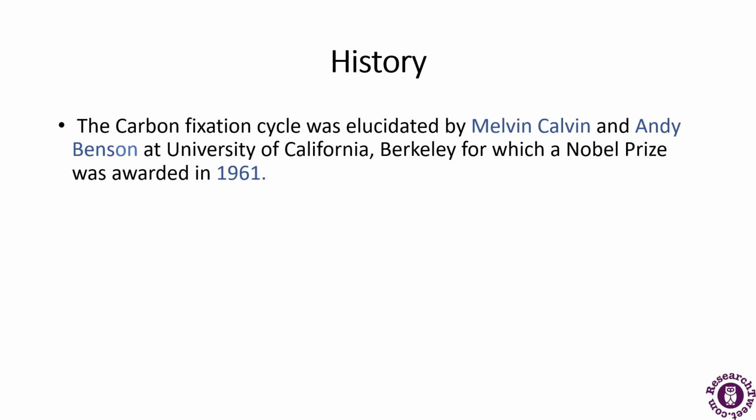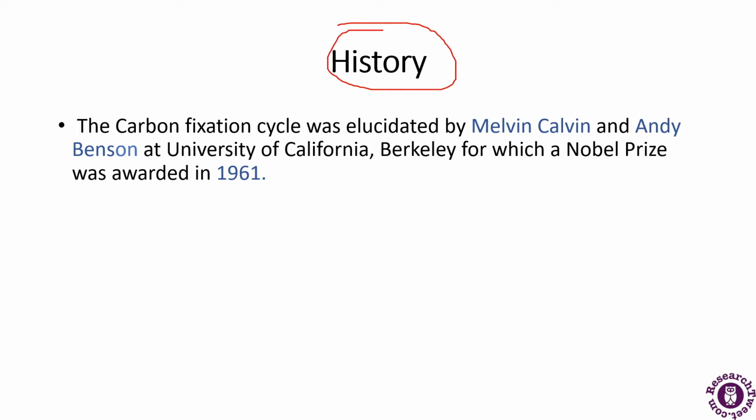So next part I will talk about is the history of the carbon fixation cycle. So basically the carbon fixation cycle, it was being discovered or elucidated by Melvin Calvin and Andrew Benson at the University of California, Berkeley, for which they were awarded the Nobel Prize also in the year 1961.